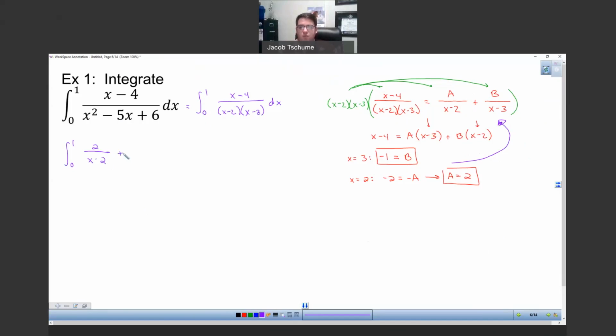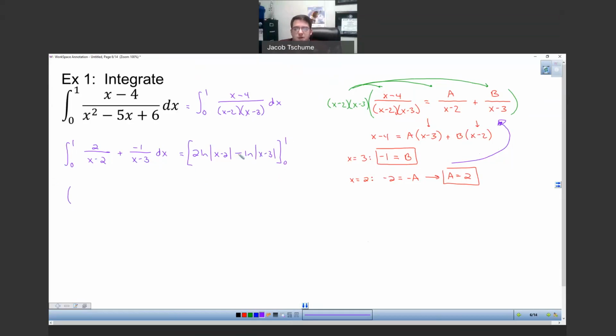B is negative 1, so that's plus negative 1 over x minus 3 dx. Integrate both of those functions, so you will get 2 times the natural log of x minus 2 minus the natural log of x minus 3, and we're going to evaluate all of this from 0 to 1.